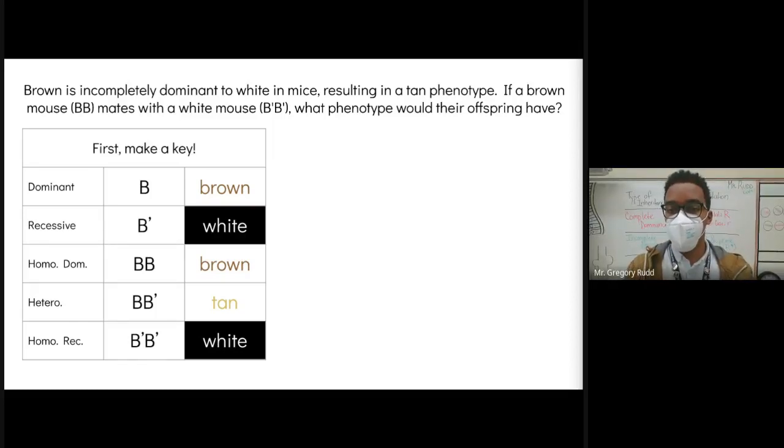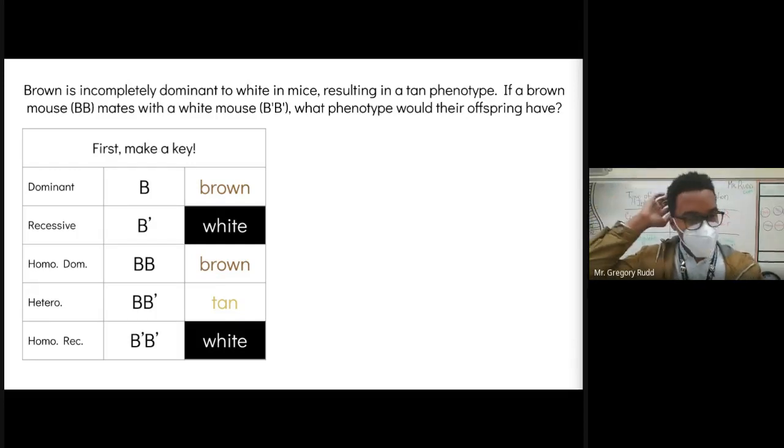Anybody at home? Hello? What do we do after we make the key? Make the Punnett square. Yeah, we make the Punnett square.